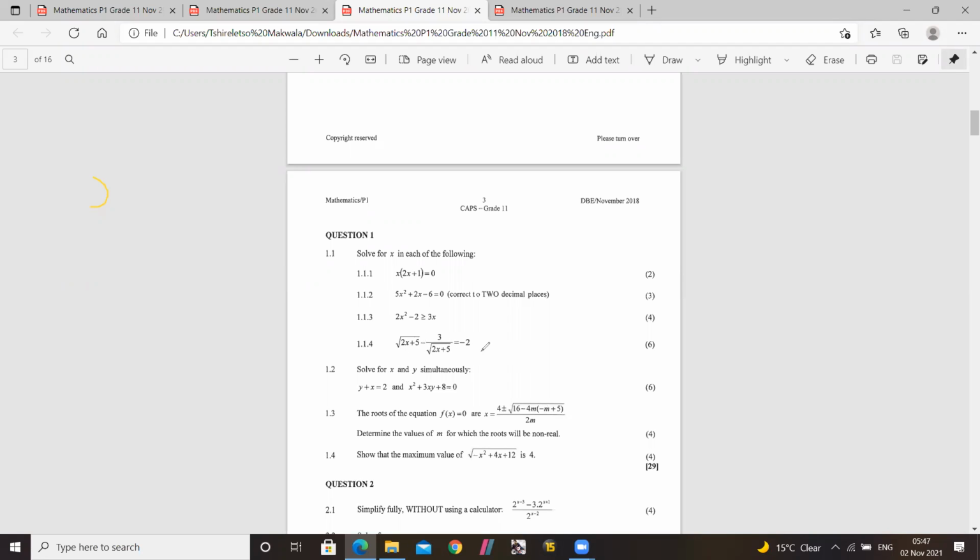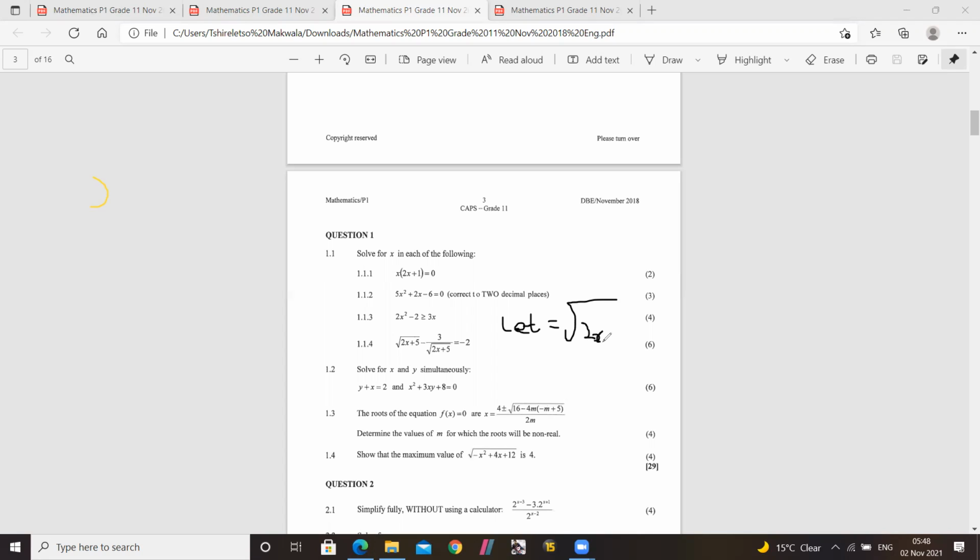So what is a let type of question? You have to change one of the terms into another variable so that it's easy. I'll show you what I mean. For 1.4, you're going to approach it like this. You're going to say let square root 2x.